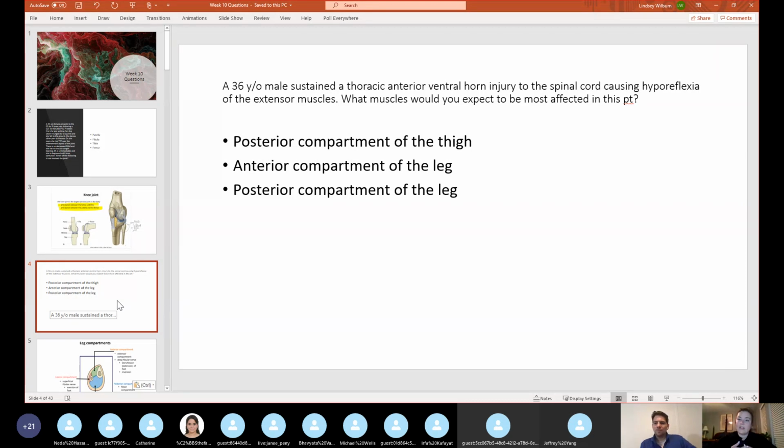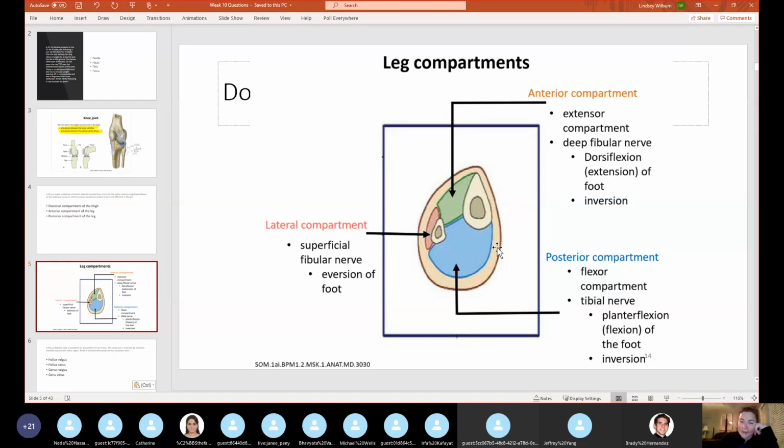Just put in the chat what you think it is. Okay, someone has a vote for anterior. Anterior, yeah. This is the concept that Brady hit on, the compartments.